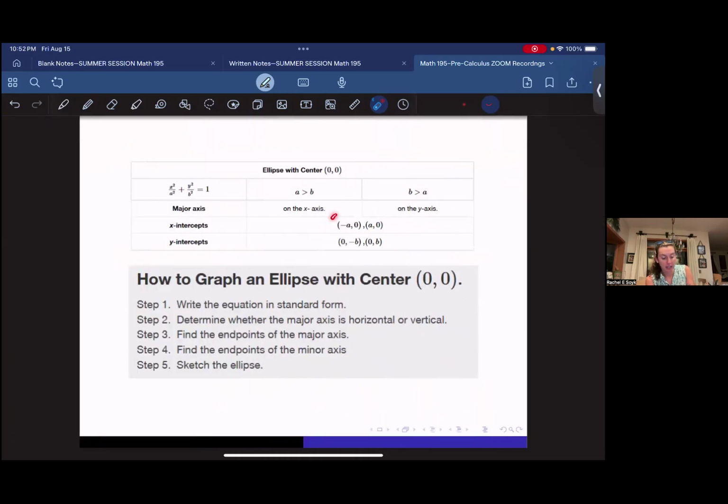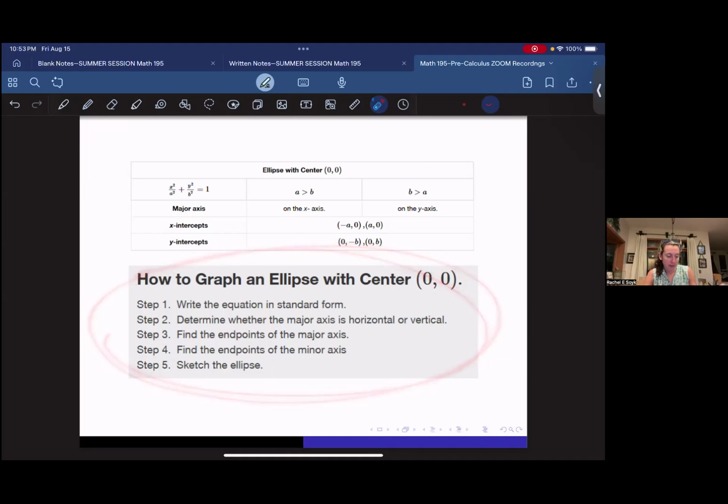And so we can very easily identify what our x and y intercepts are, and then what we have stated up here in terms of the inequality form is just stating where your major axis lies, aka is it going to be on your x-axis because now you have that longer horizontal watermelon looking guy, or is it going to be on your y-axis where you have that elongated oval looking face?